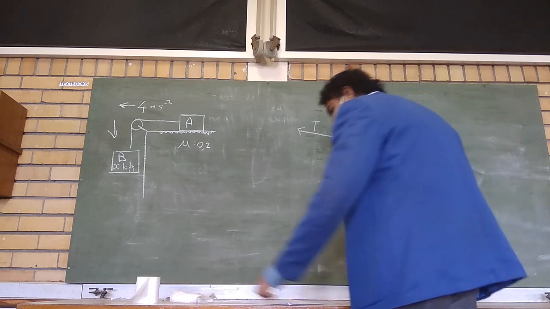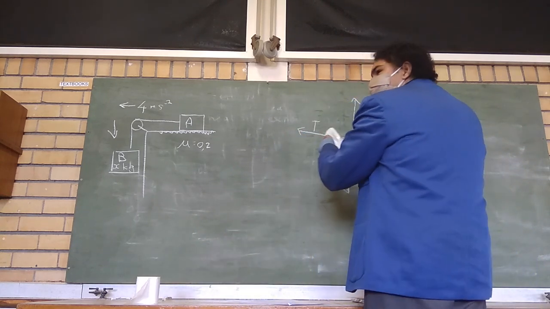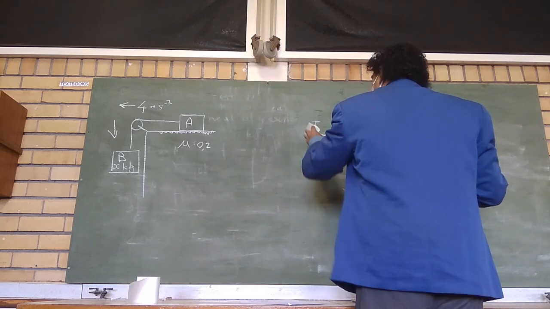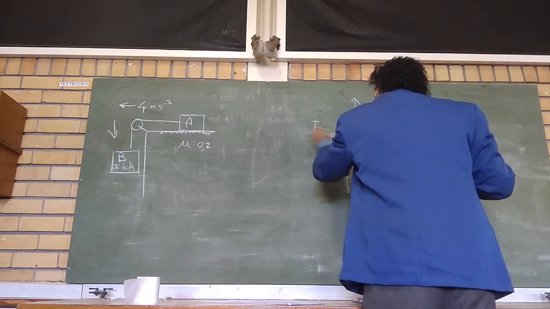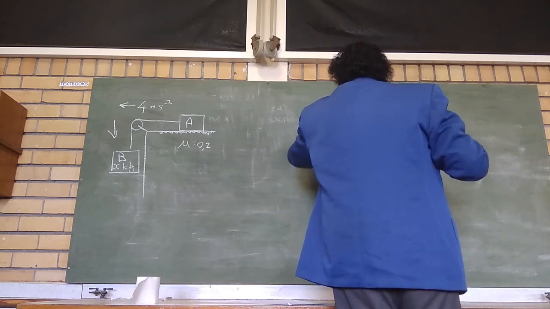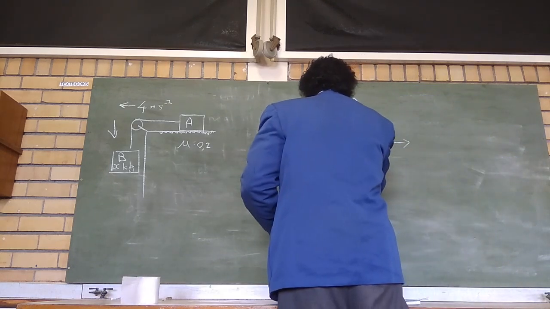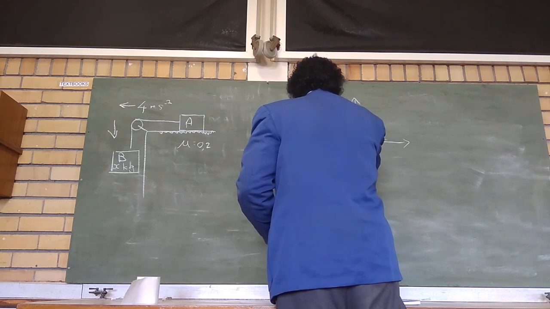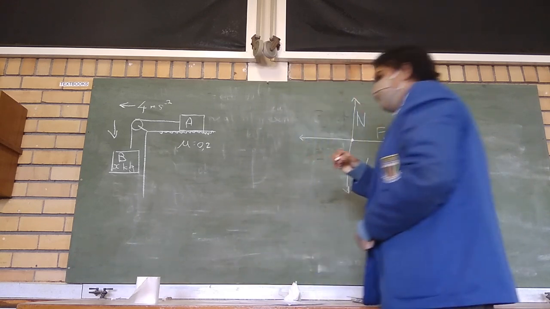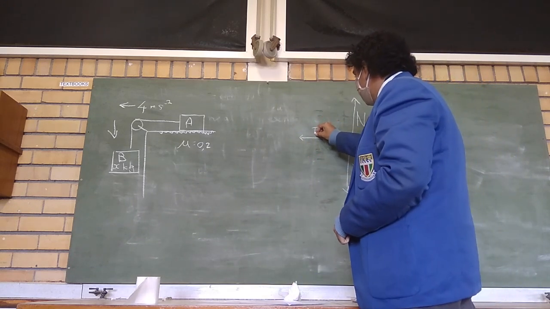Make it horizontal. Okay, so you may have lost a mark if you didn't make it horizontal. So there we go. That's the force of tension.